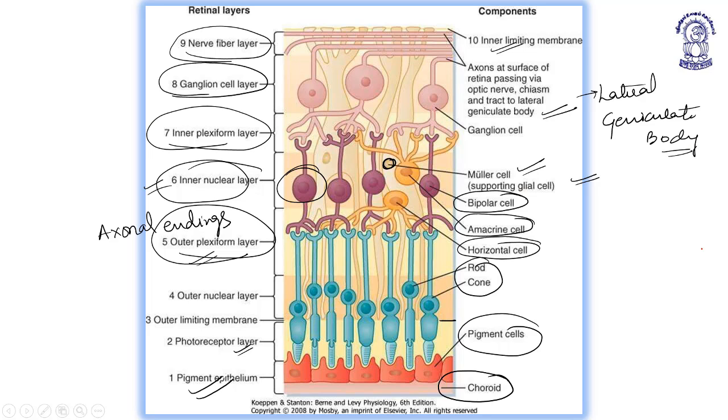Now we will discuss each layer. The first thing we have to discuss is the pigment cell layer. It lies close to the choroid.